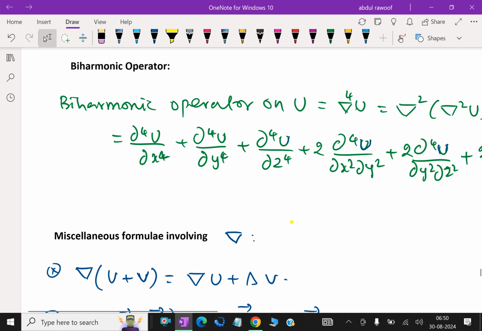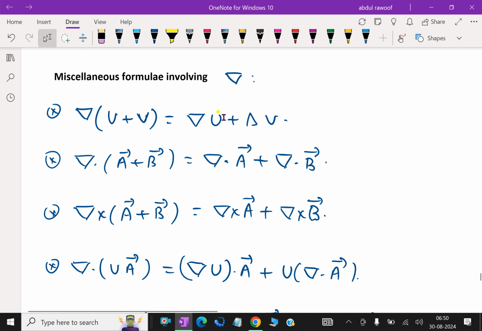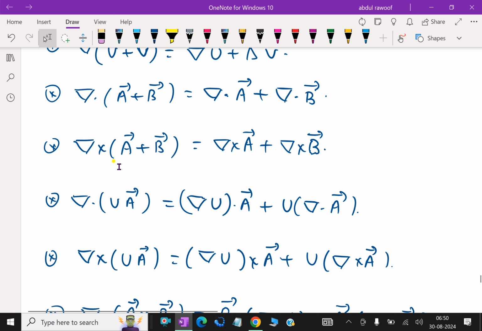Next one, some miscellaneous formulas involving del, that is del of u plus v is equal to del of u plus del of v, distributive. Then del dot of a vector plus b vector is equal to del dot a vector plus del dot b vector. Then next one, del cross a vector plus b vector is equal to del cross a vector plus del cross b vector. Look at here the result.